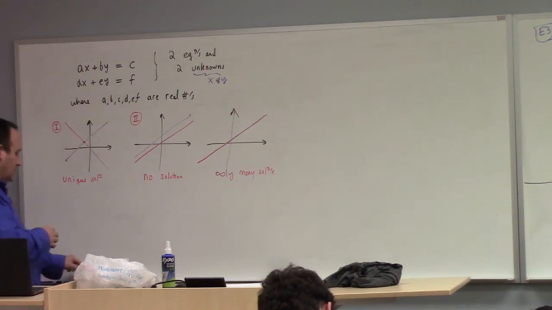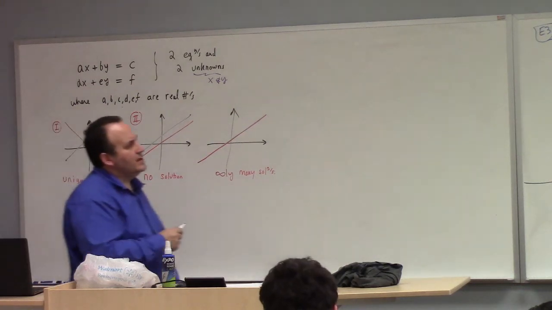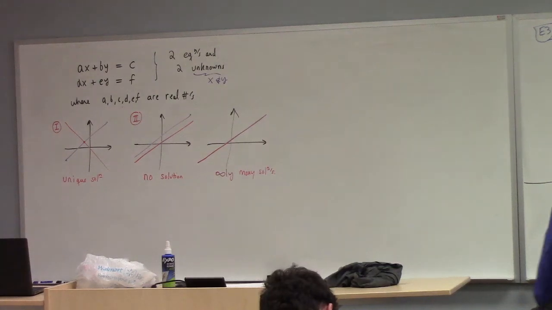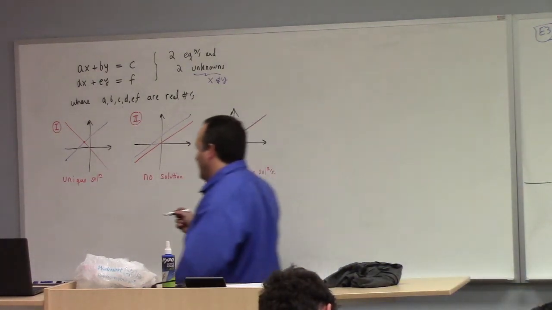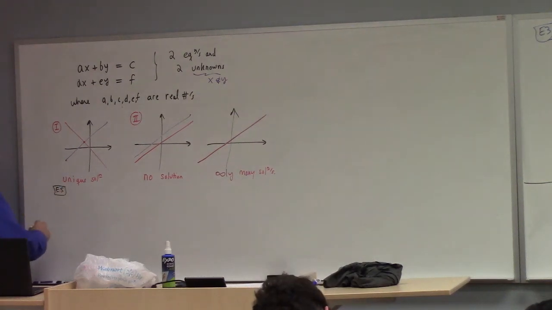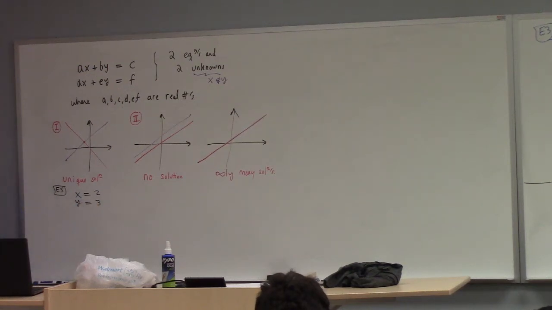So here, example 1. Well, what example am I on? I guess I'm on example 5. All right, so example 5, I'm going to make it really dumb. Suppose your system is this: x equals 2, y equals 3.